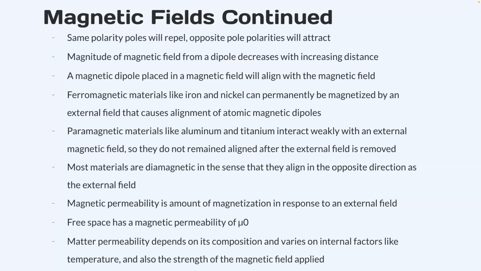Ferromagnetic materials like iron and nickel tend to be permanently magnetized by an external field that causes alignment of atomic magnetic dipoles. Paramagnetic materials like aluminum and titanium interact weakly with an external magnetic field, so they don't remain aligned after the external field is removed.